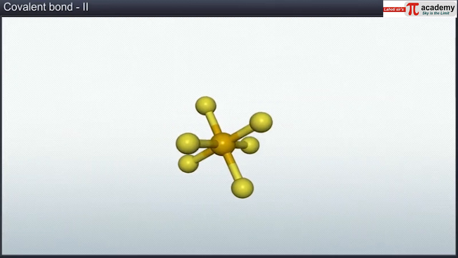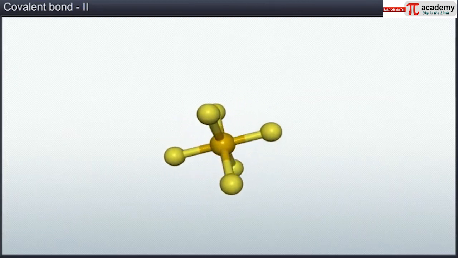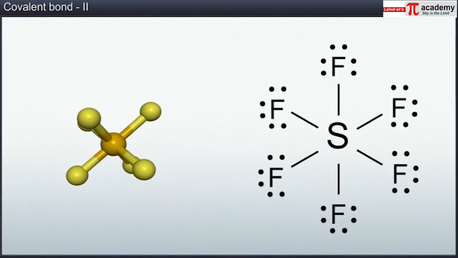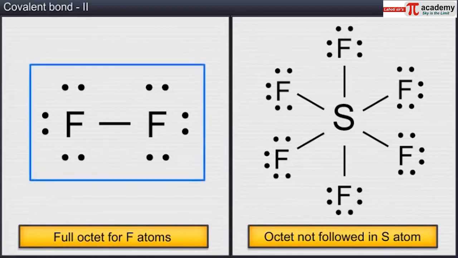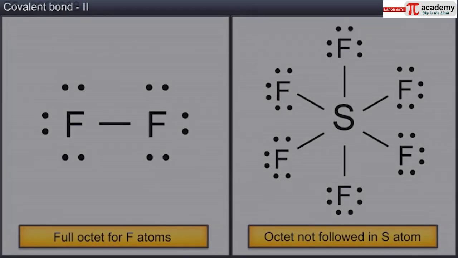However, the molecules that do not follow the octet rule can still be represented by the Lewis electron dot structure. Therefore, though the Lewis structure involves the octet rule, it is not limited to the octet rule.